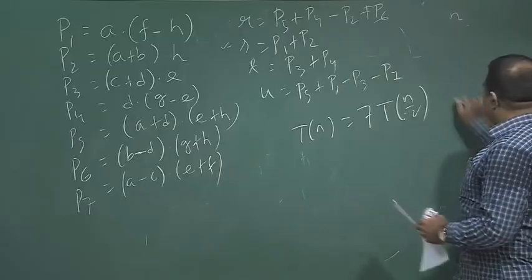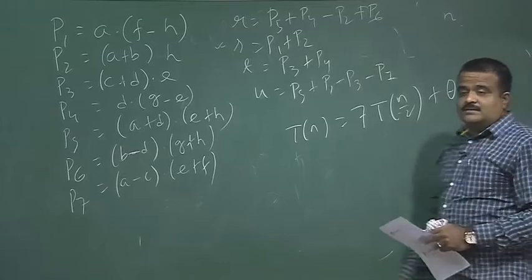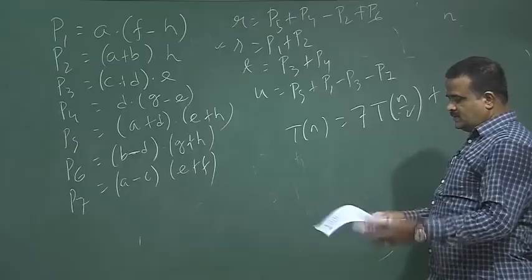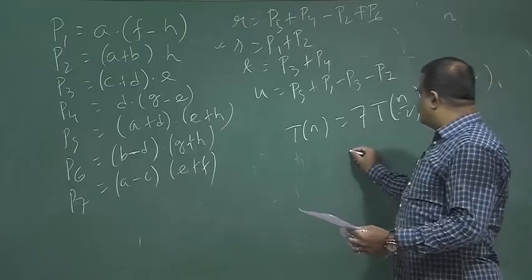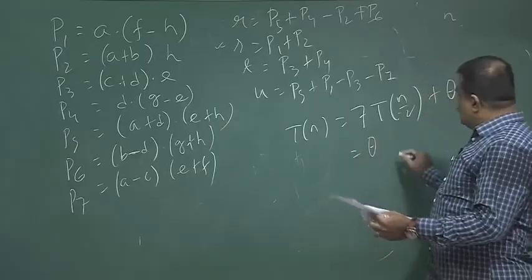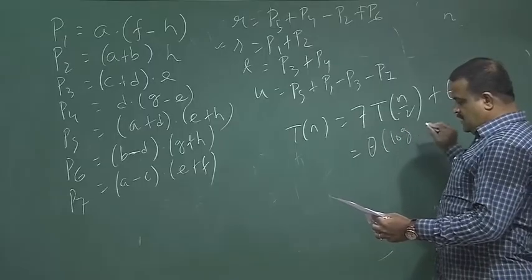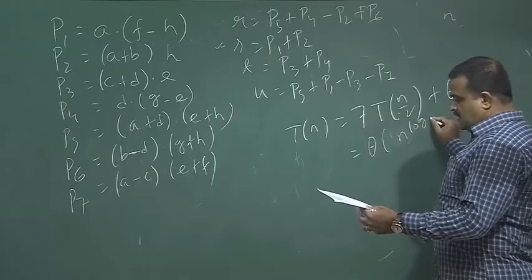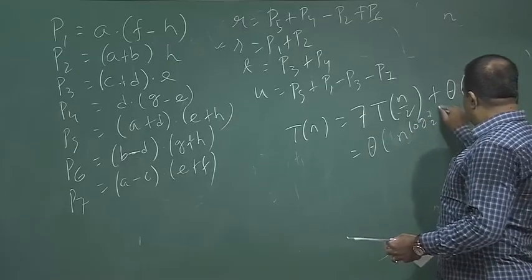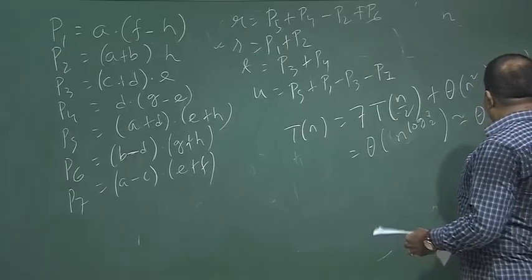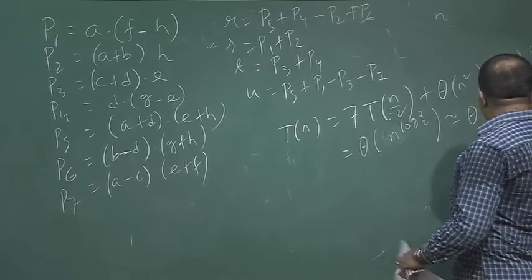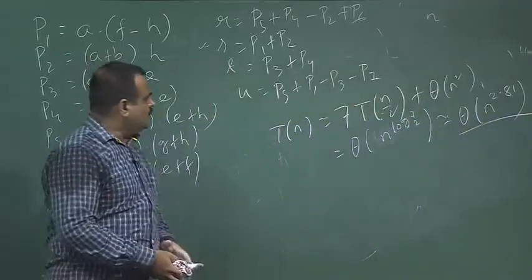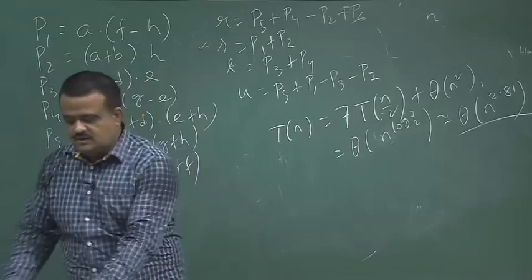The 18 additions will be taken care of by this part. By the master method this is case 1, so the complexity is n to the power log of 7 base 2, which is n to the power 2.81, much better than n cube. So, this is Strassen's idea.